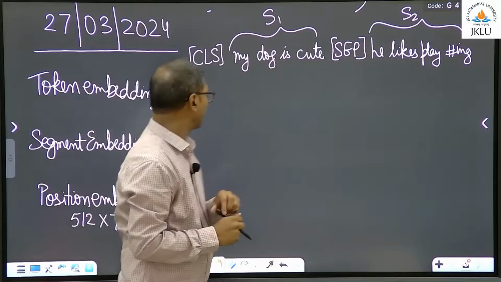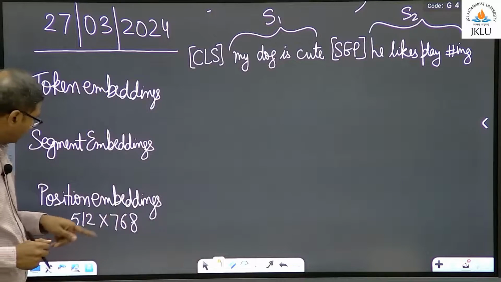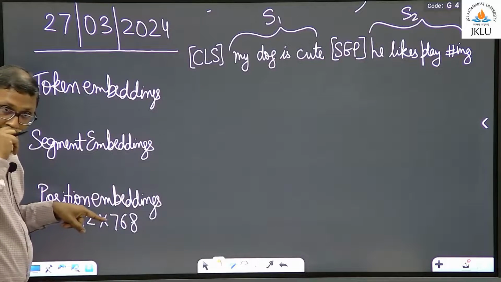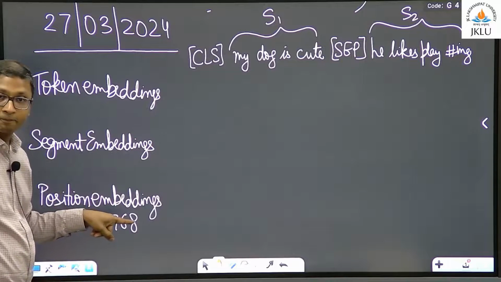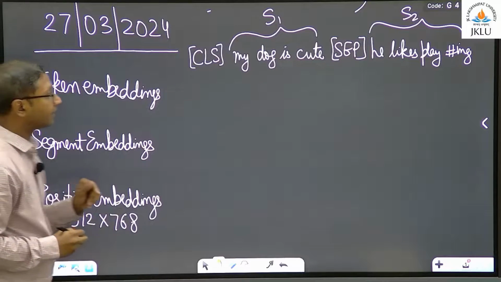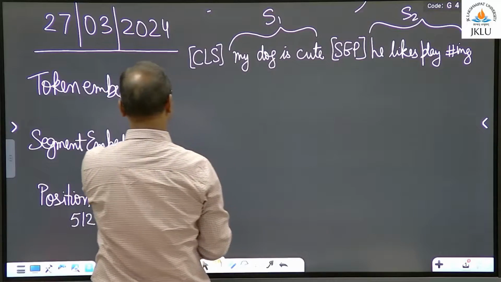Okay. Now, how do we input? We know the position and token embedding inputs are of size 512 cross 768, and then the segment embeddings. So this is my segment 1.